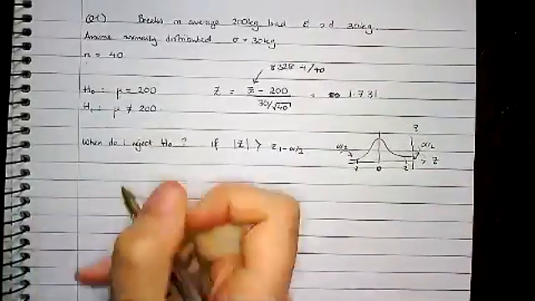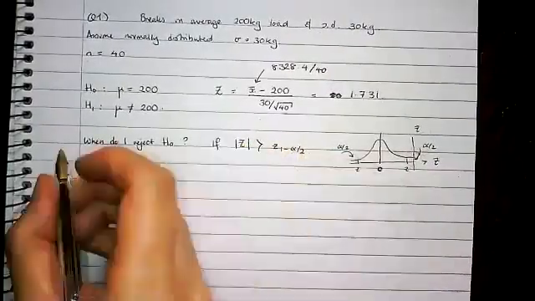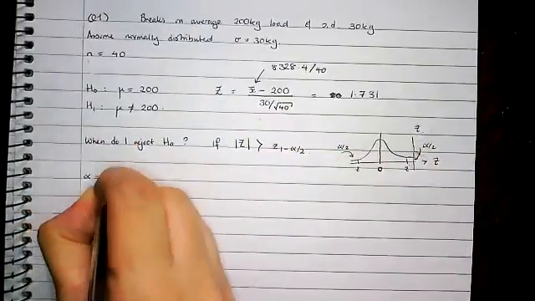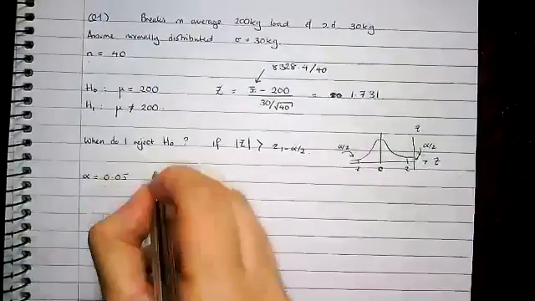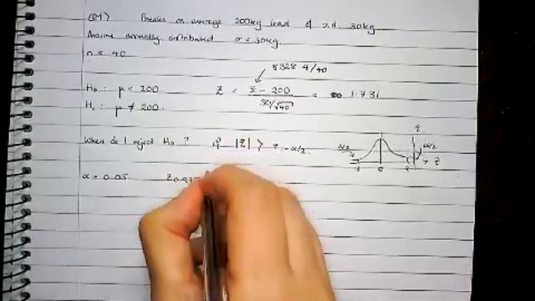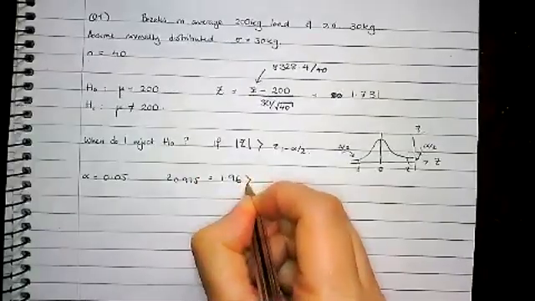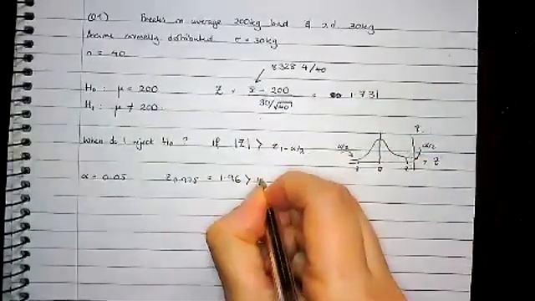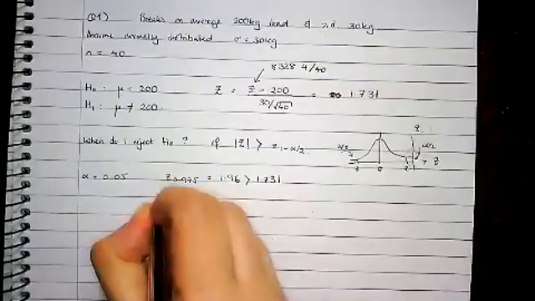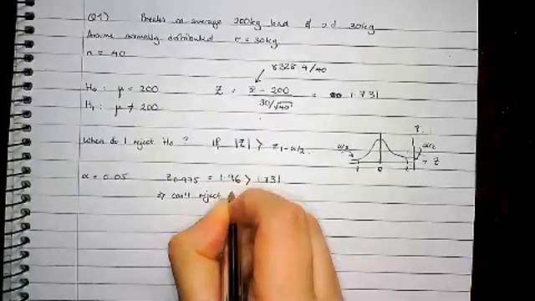The key thing for the various values of alpha is just to look up the Z in the normal distribution table. In the case that alpha is 5%, for example, I'm going to need to look at Z 0.975, which I know is 1.96. Now this is bigger than 1.731, so I can't reject H0.